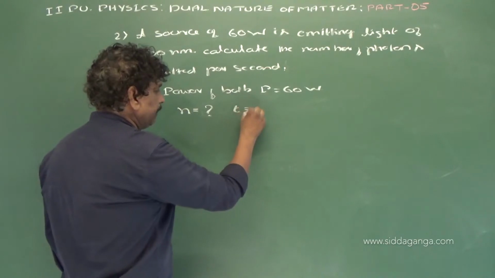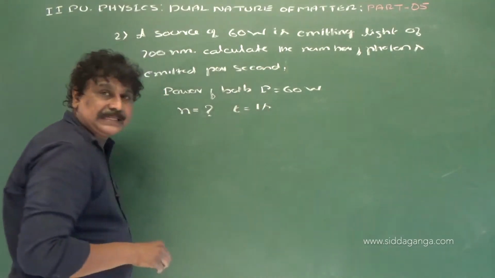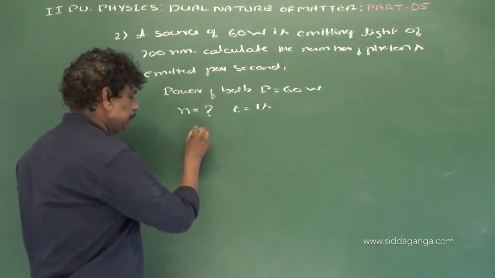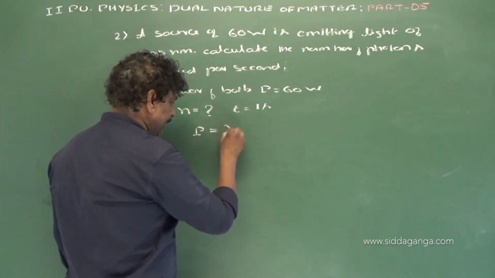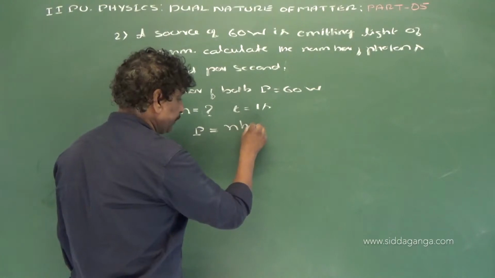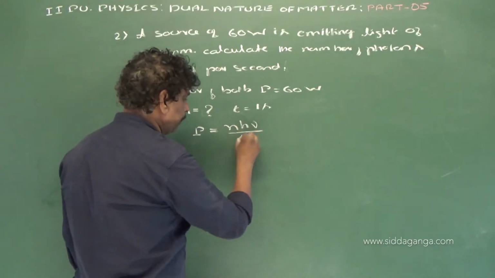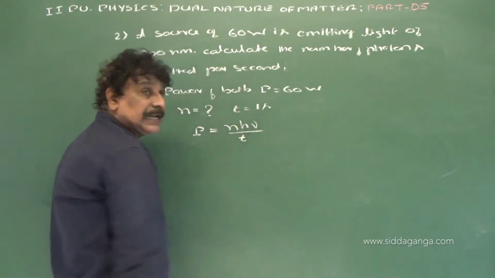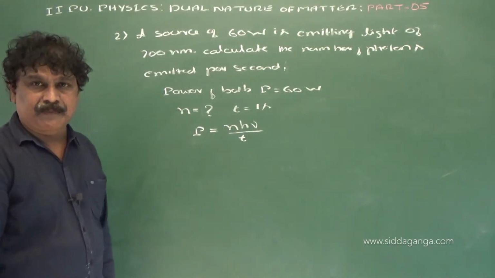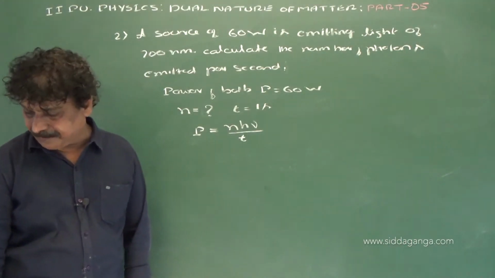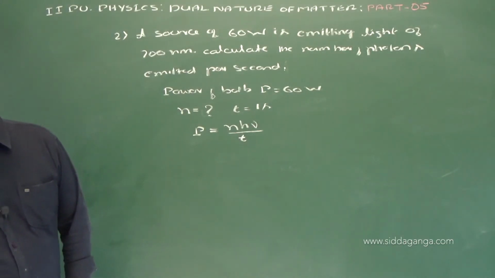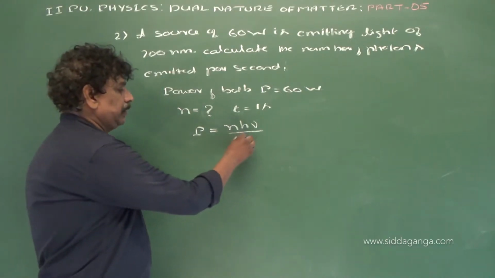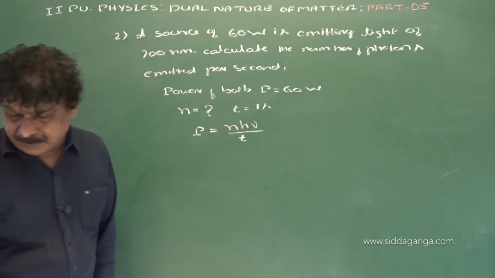That is when T is equal to 1 second. Now we have the formula: power P is equal to N h nu by T.